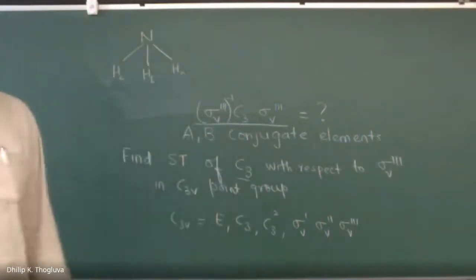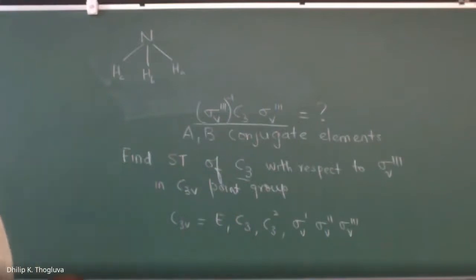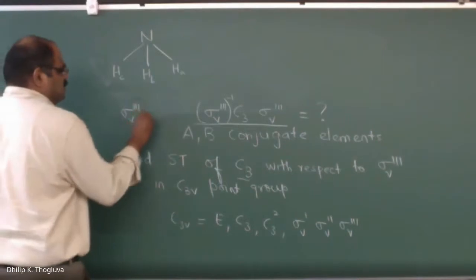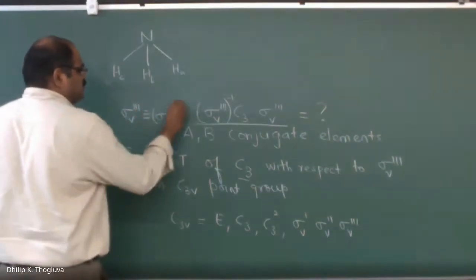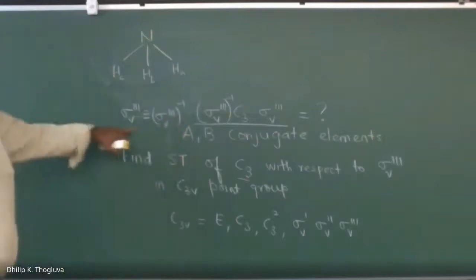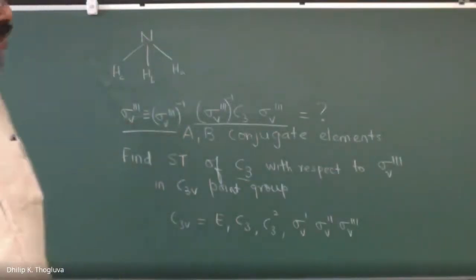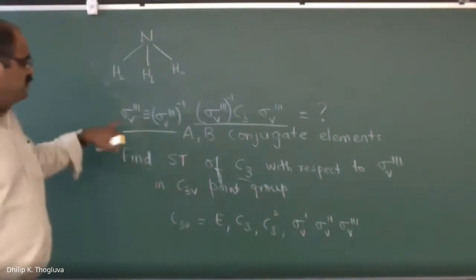I think we defined that in a group every element has its own inverse, right? So sigma v triple prime is equivalent to its own inverse. E means E inverse is equivalent.